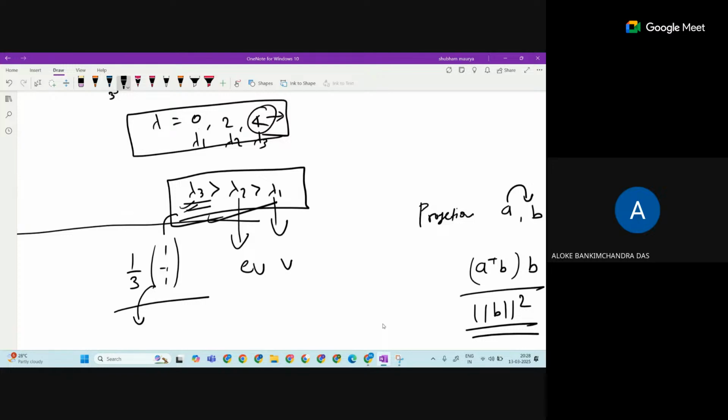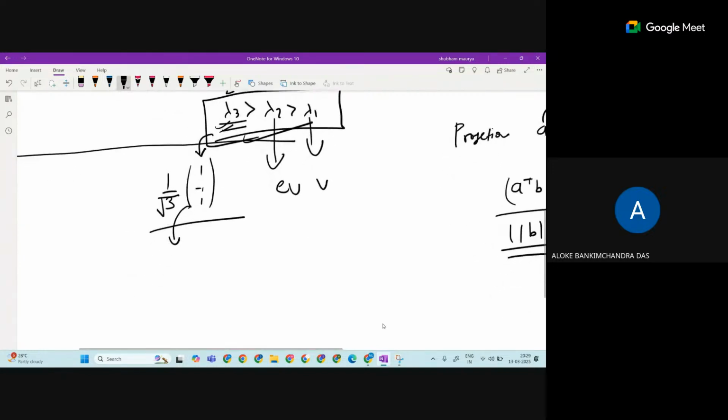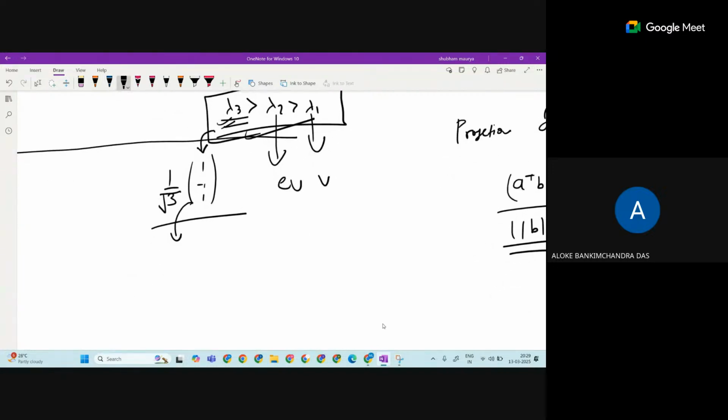It will be 1 by root 3, sir, not 1 by 3. Yes, 1 by root 3, 1 minus 1 and 1. My question here is, if you calculate x1 tilde, the original xi figures will be 1, 1, and 1.